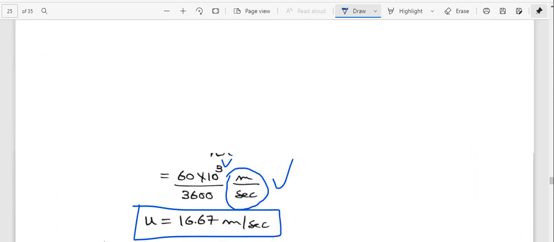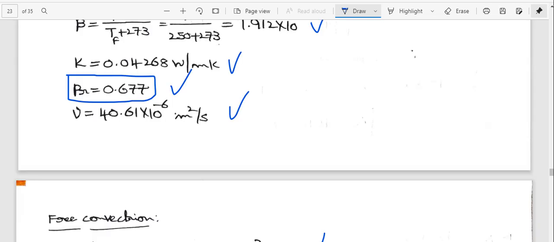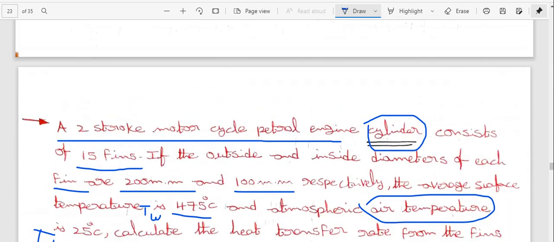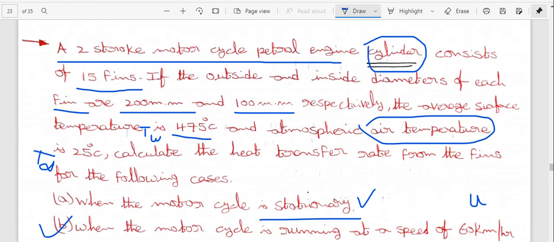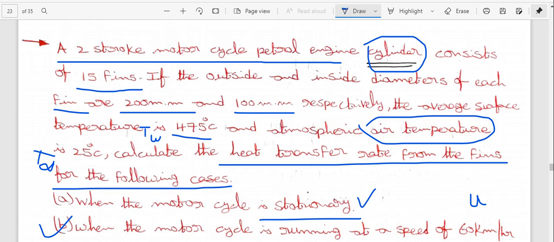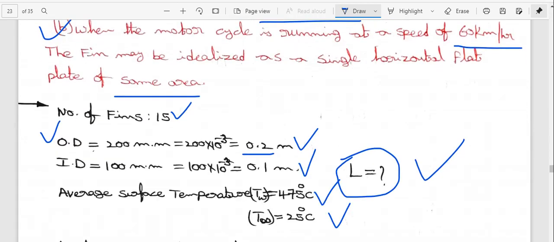So in this question, the two-stroke motorcycle petrol engine cylinder consists of 15 fins. The inner diameter and outer diameter of the cylinder are mentioned, but we calculate heat transfer rate from the fins of the following cases. That means this is the cylindrical object.